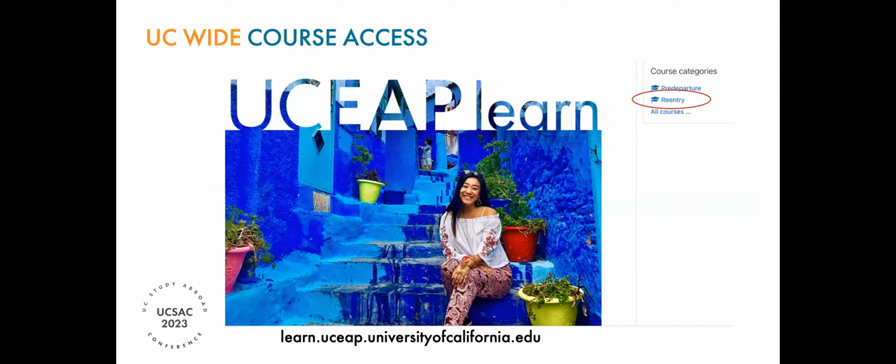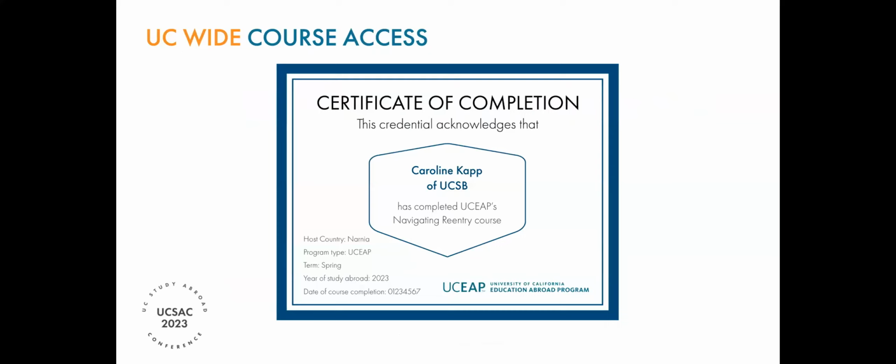It's also available to people in the UC system who didn't study through UCEAP but did other UC study abroad programs. So it's appealing to everyone. And staff have the benefit of using it in courses or in programming because it generates a custom certificate at the end, so that campuses can track the course and require it, and instruct students to snap a screenshot and upload it somewhere as proof.